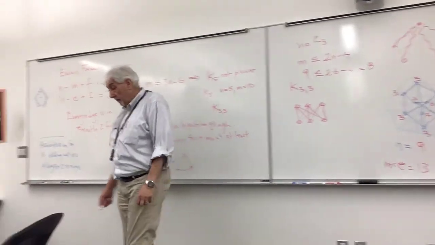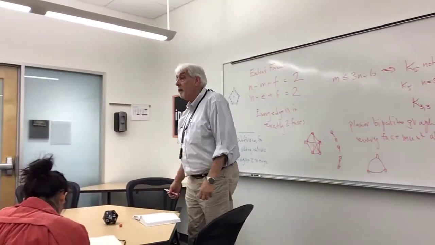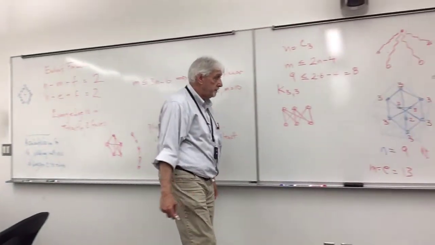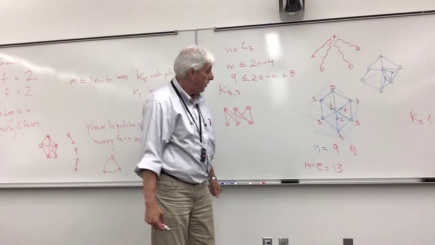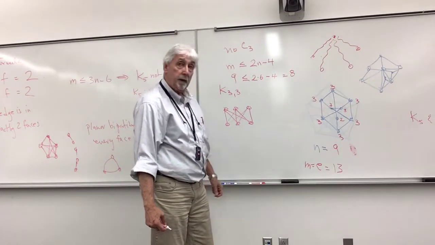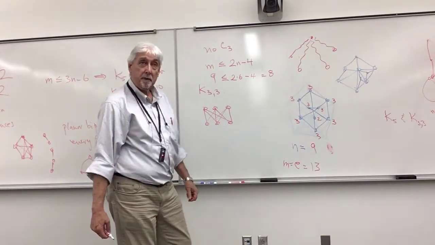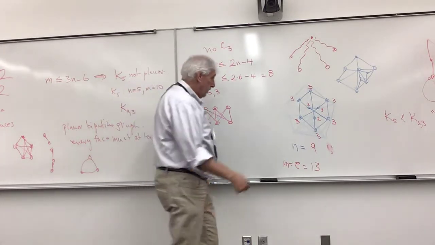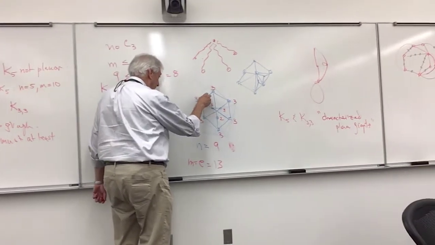What do you mean? So is there a subdivided K33? You can draw K5 or a K4 like this, or you can draw a K4 like this. So that's a common way. So how might you start this? Let me help you out.